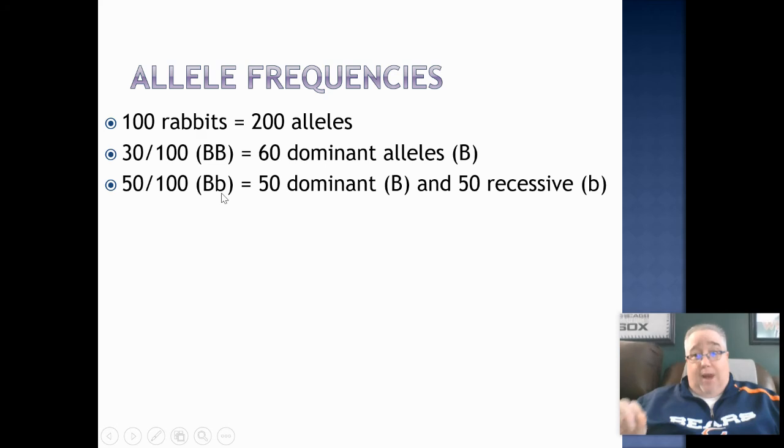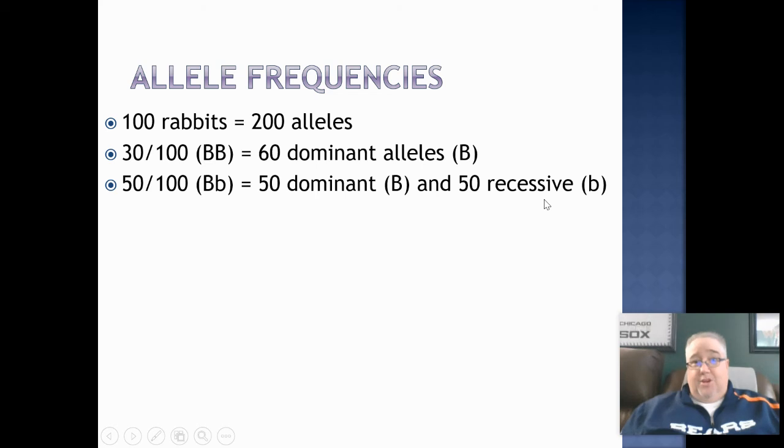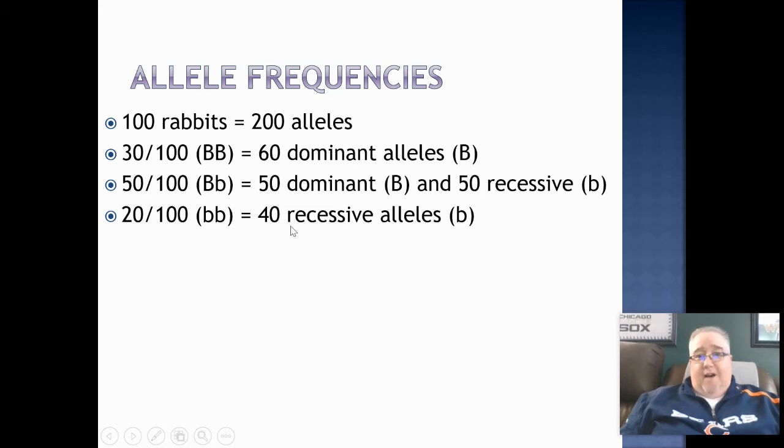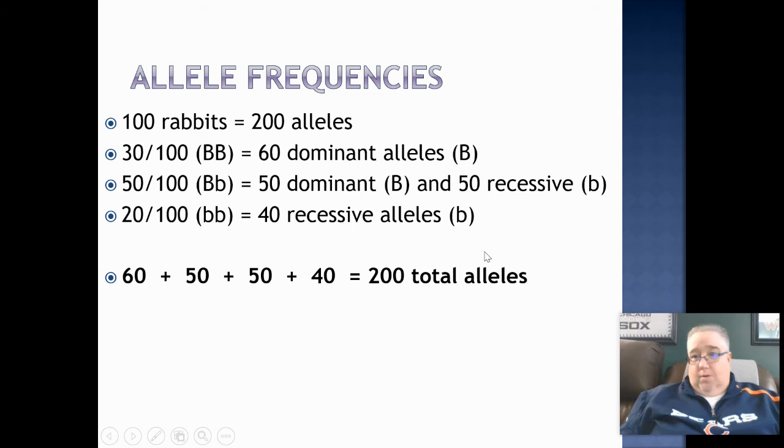So that means each rabbit has one dominant allele and one recessive allele. So those 50 heterozygous rabbits are contributing 50 dominant alleles and 50 recessive alleles to our gene pool. The gene pool is all the alleles for the population. Then we said that we had 20 homozygous recessive rabbits. So those rabbits contribute a total of 40 recessive alleles to the gene pool.